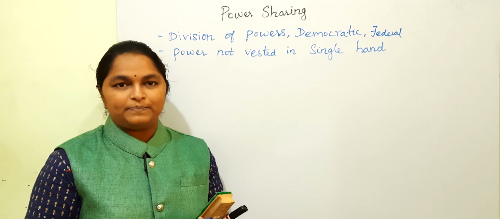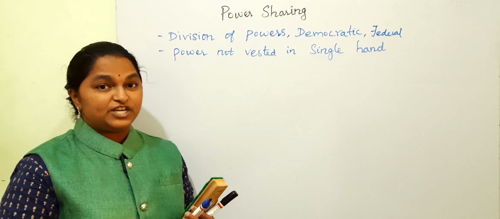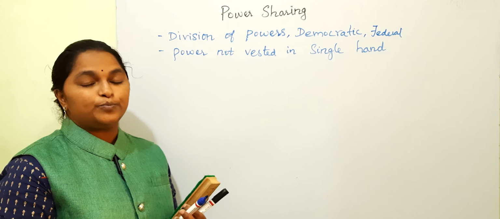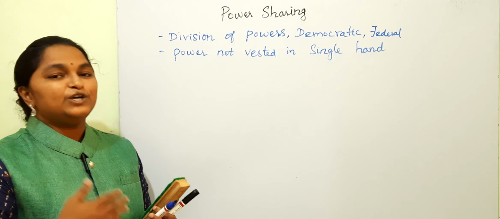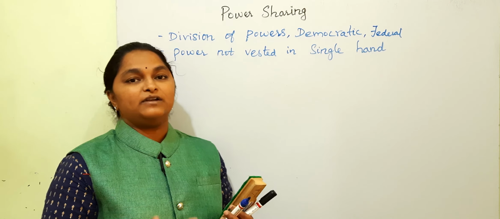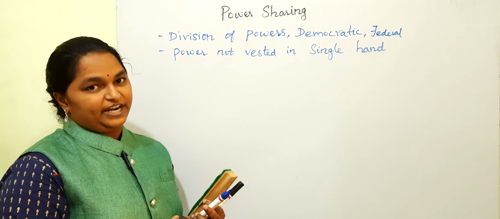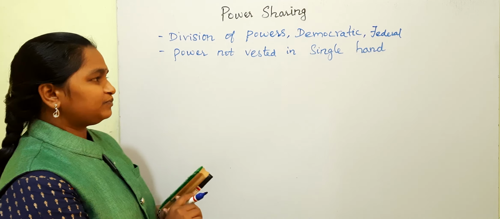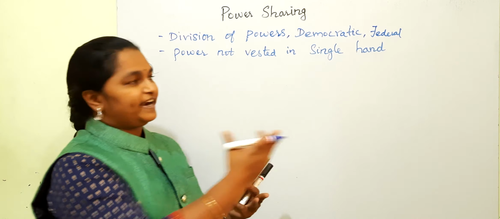So in a democratic country, power sharing is very important because people of different cultures, different sections and social groups are living in our country. To satisfy the interest of all the groups of people, we need to give power sharing in our constitution. And also our country is a federal country.